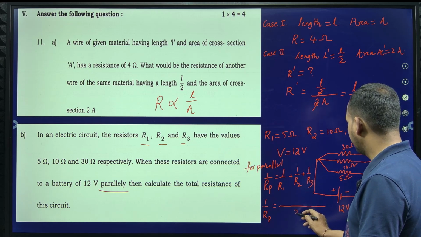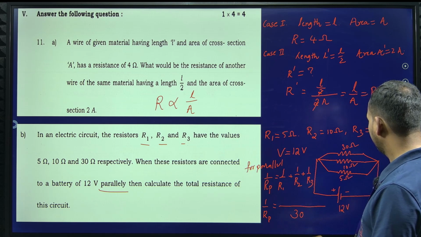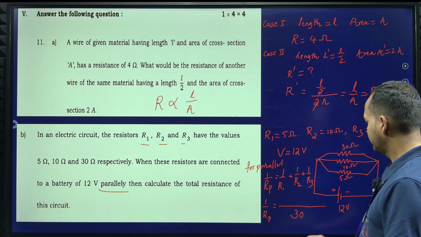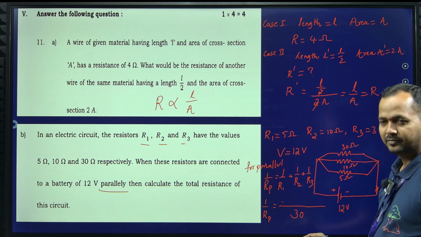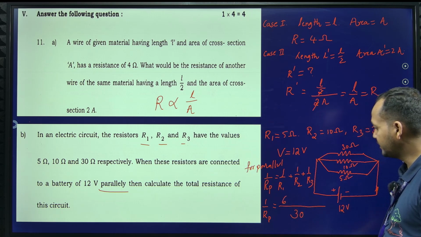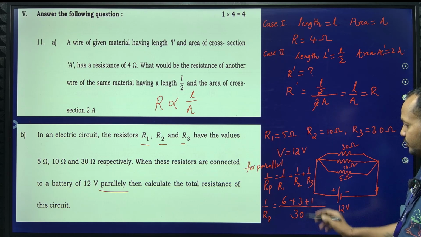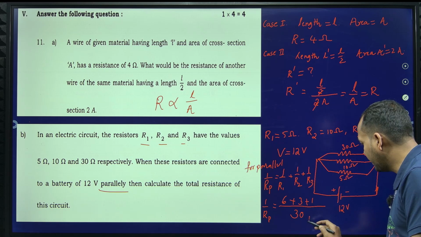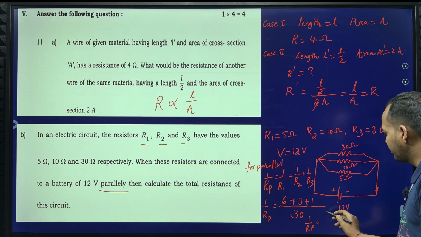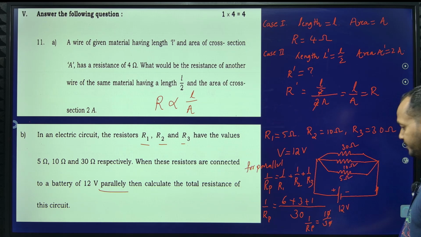Taking the LCM as 30, you will get 6 plus 3 plus 1, which is equal to 1 by Rp. So it is 10 by 30, which is 1 by 3. Correct?